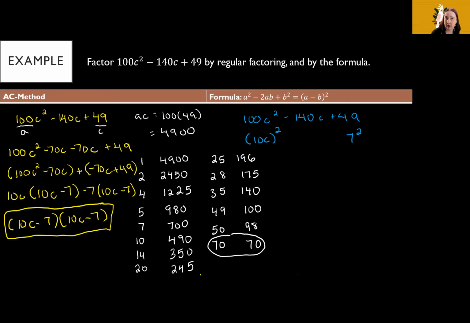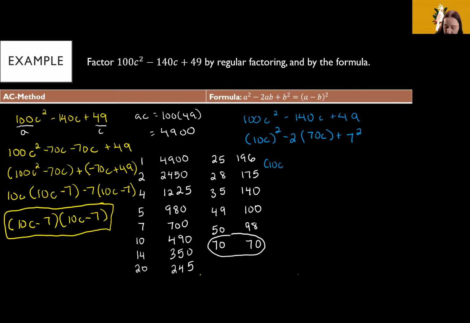The next thing we check is that we can divide the middle term by 2. So 140 does divide by 2. So when I divide that by 2, I get 70, or 70c, because we have a c there. And we want to check that that 70c, that middle term, is the first and the last essentially multiplied together.